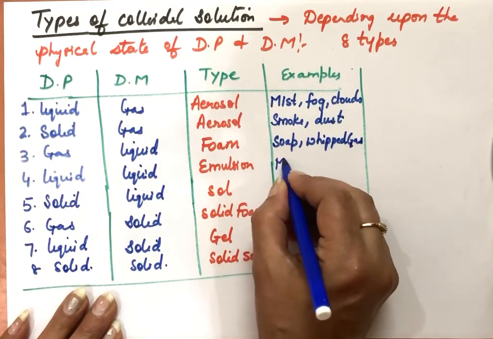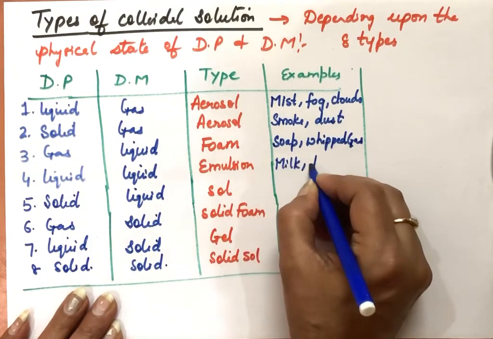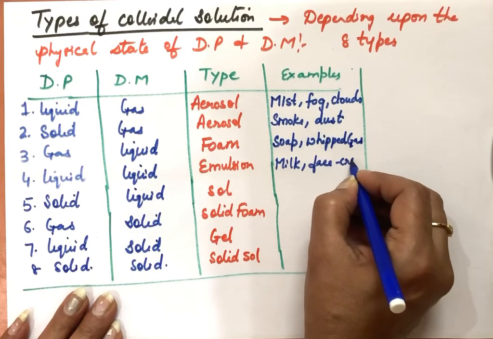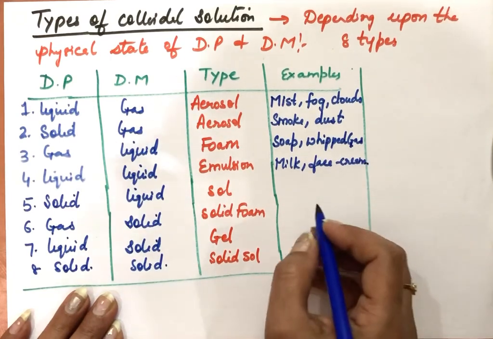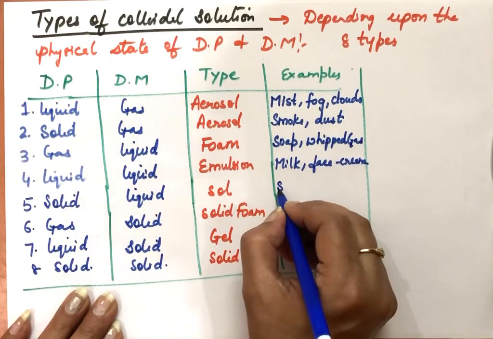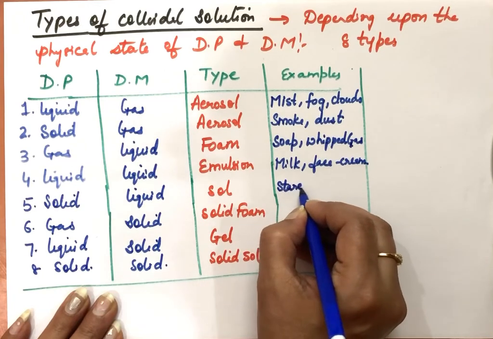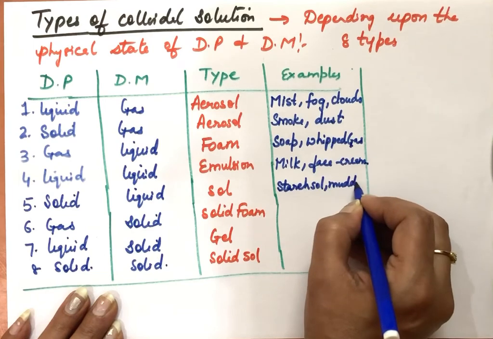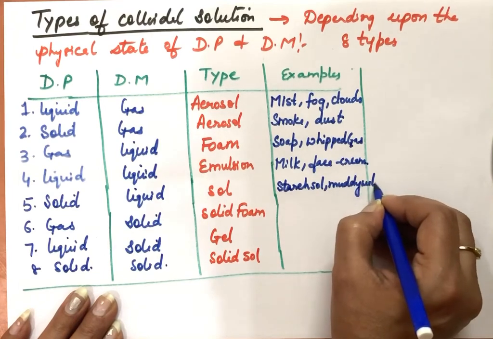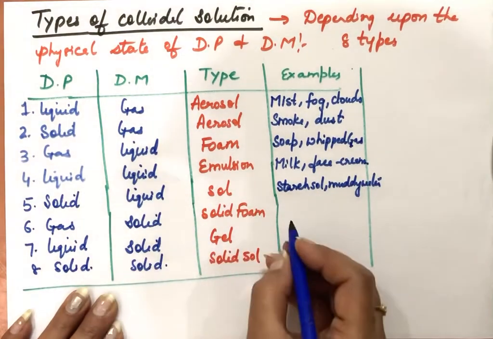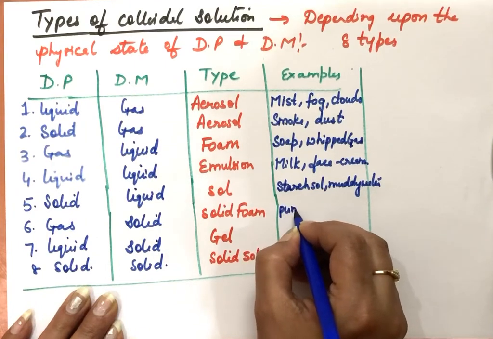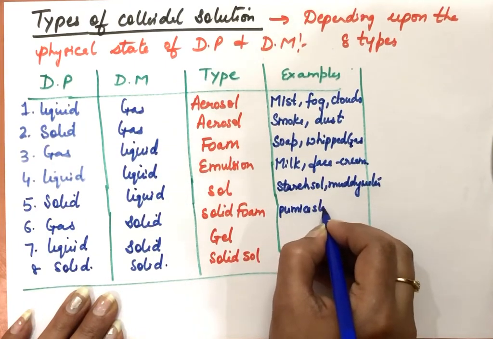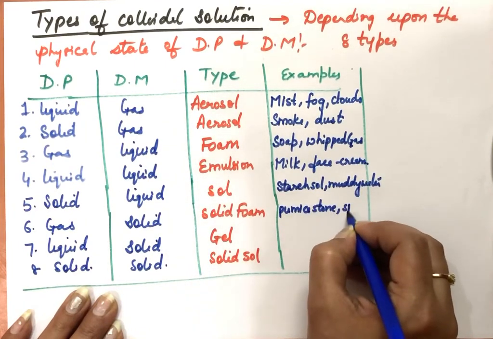Next is the emulsion. Emulsion examples are milk and face cream. Solid in a liquid, that is starch sol and muddy water. These are examples of solid in liquid. Then gas in a solid is pumice stone and then sponge.